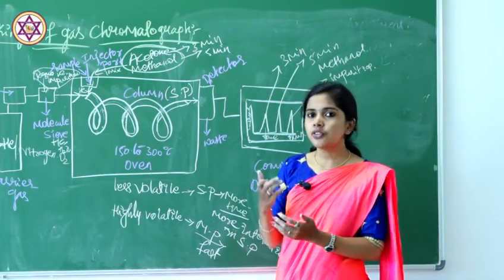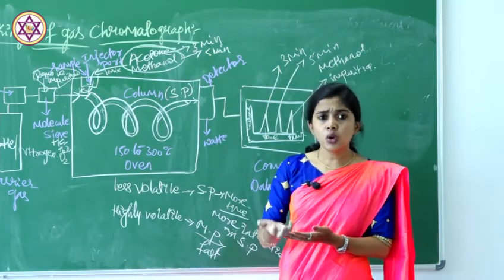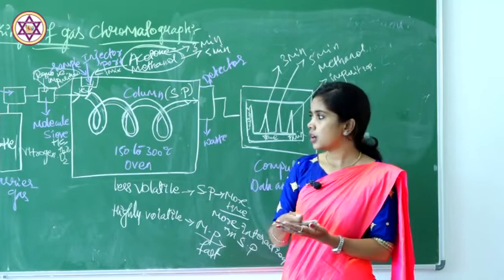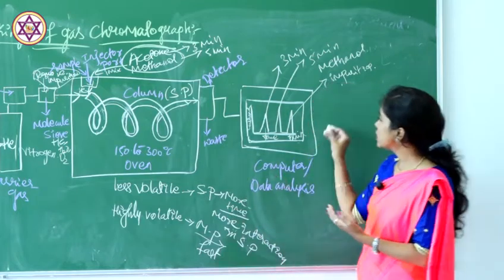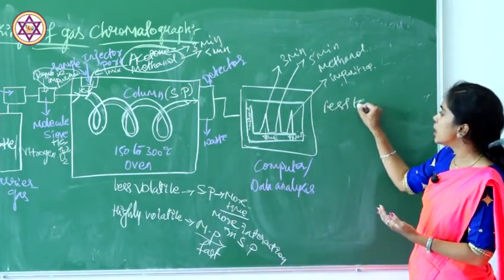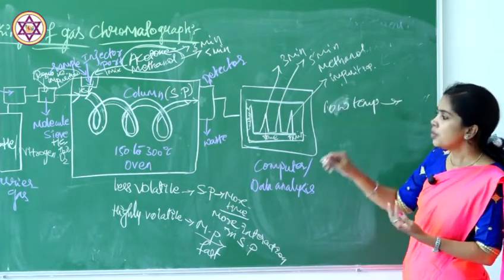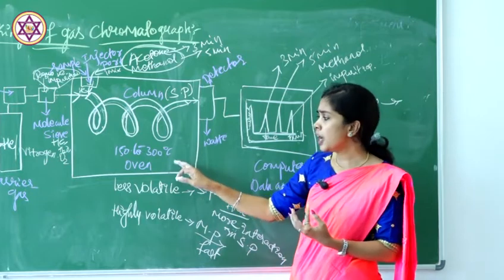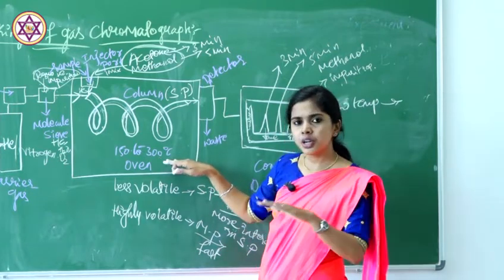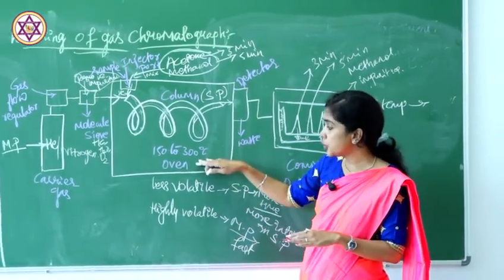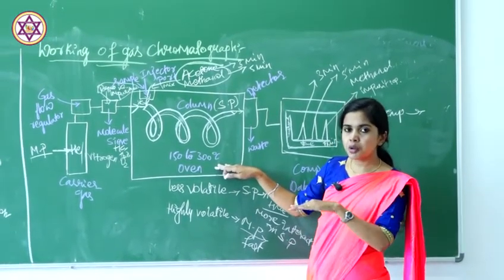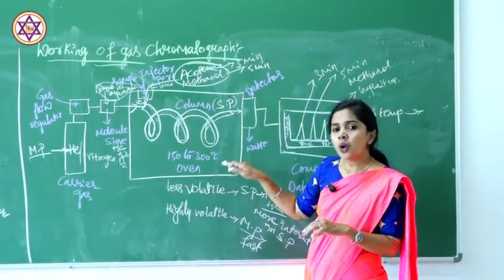In case I apply more temperature or less temperature, let me take first the low temperature. If I apply that low temperature in the oven, then what will happen?